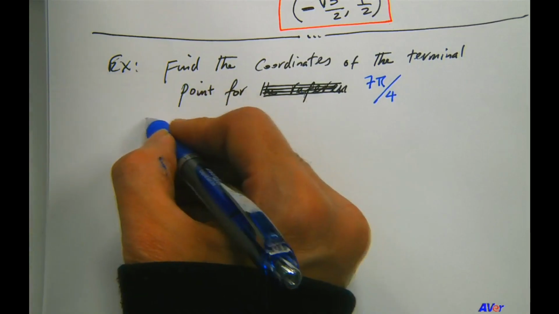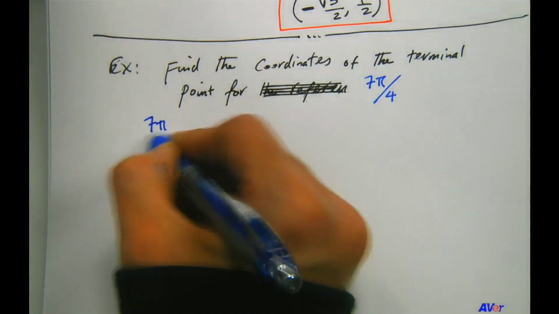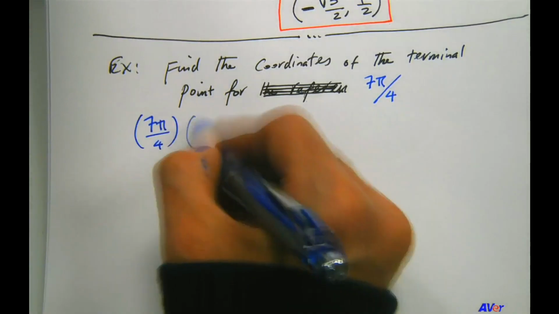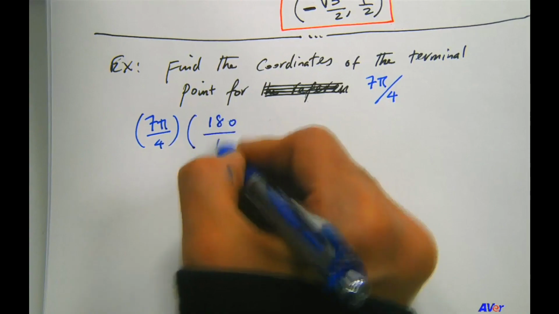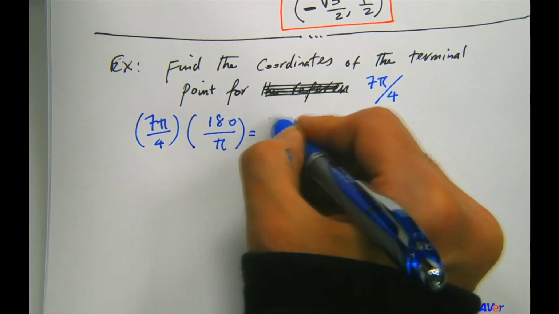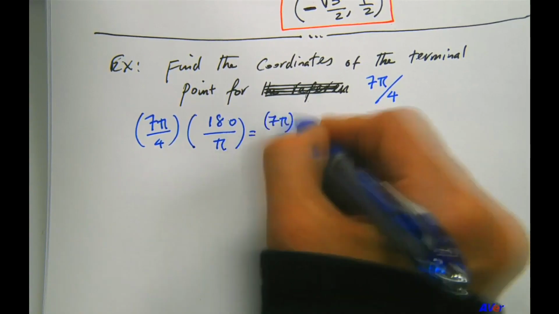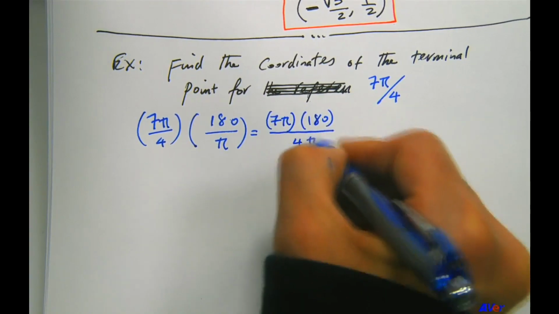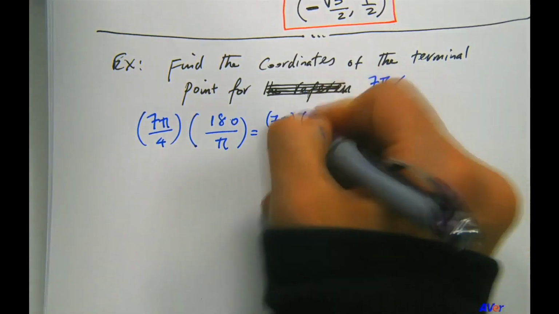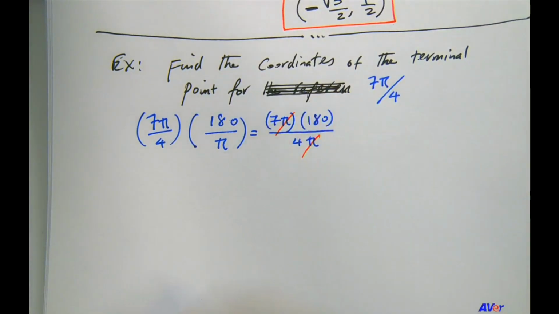So 7 pi over 4 times 180 over pi. What do we have? We have 7 pi times 180 divided by 4 pi. So the pi's cancel out.